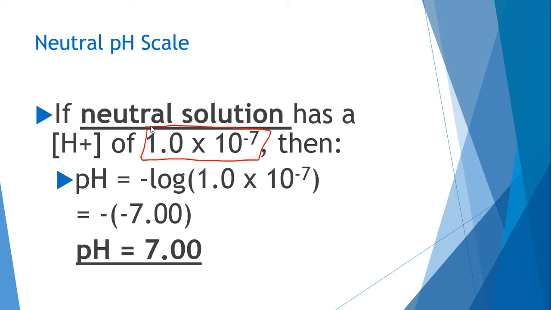If I take that H plus concentration and plug it into our formula, the negative log of 1.0 times 10 to the negative 7th, you're going to find that your pH equals 7. That means if I asked you to find your pOH, it is 14 minus 7, so my pOH is also equal to 7. Whenever your acid equals your base, that is neutral.